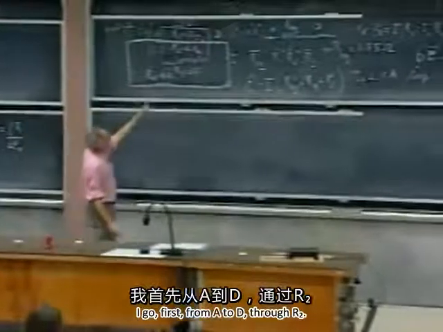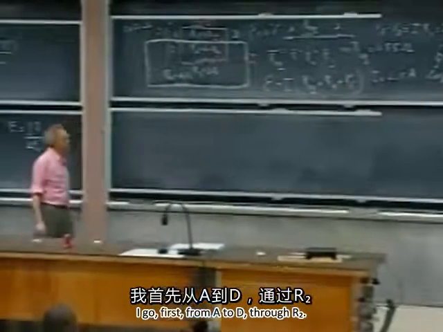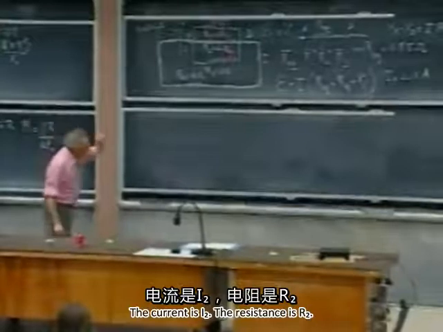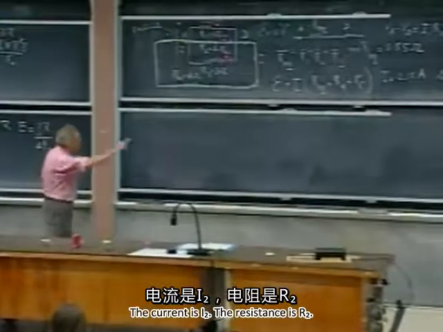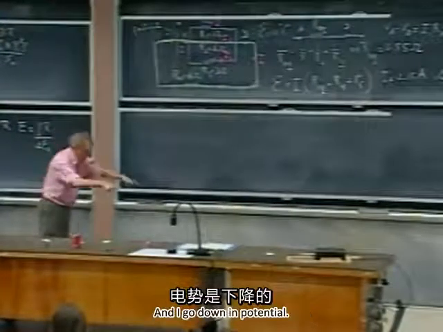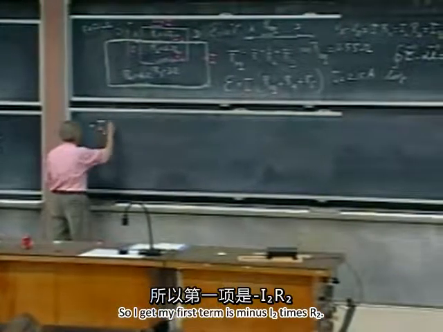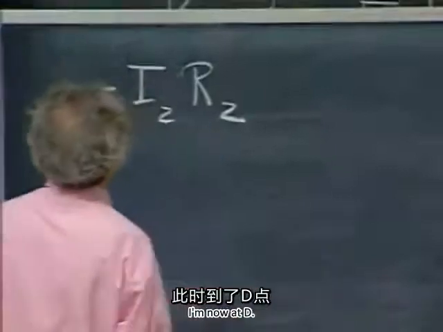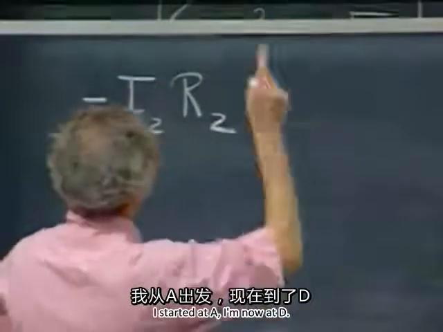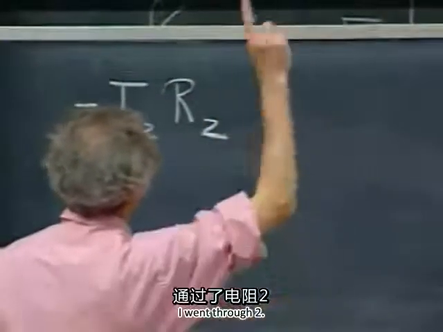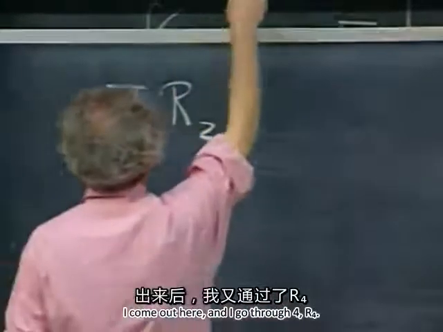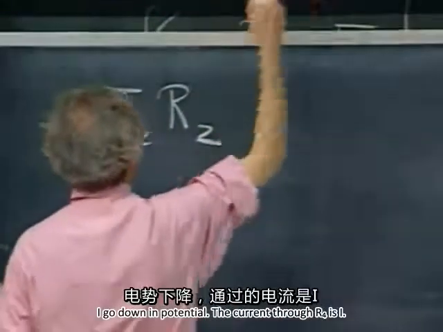I go first from A to D, through R2. The current is I2. The resistance is R2. And I go down in potential. So I get my first term is minus I2 times R2. I'm now at D. I started at A, I'm now at D. I went through 2. I come out here and I go through 4, R4. I go down in potential.